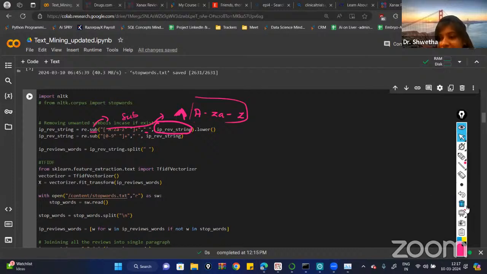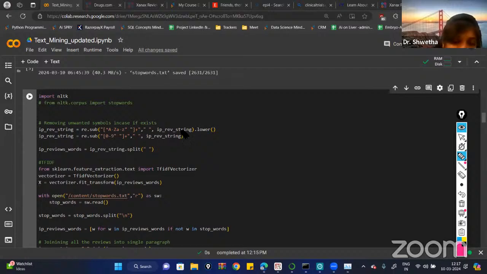We have converted that into a string so that we can apply regular expressions on it. And whenever there is anything other than letters, we are converting that into space.